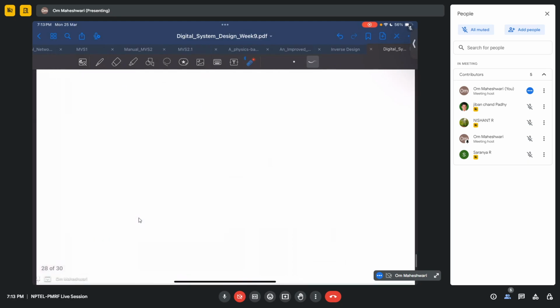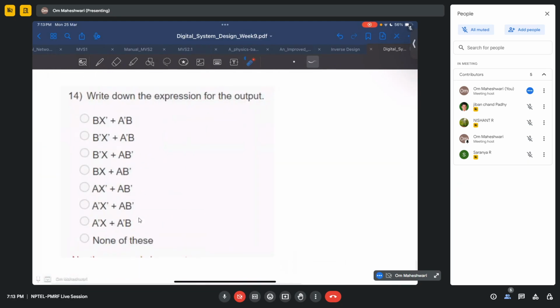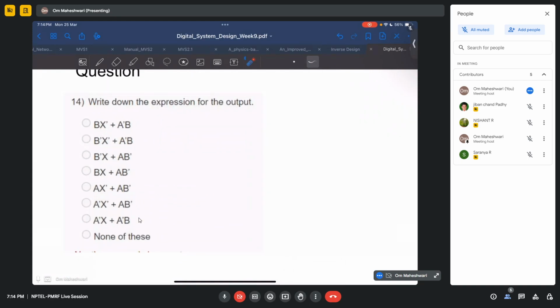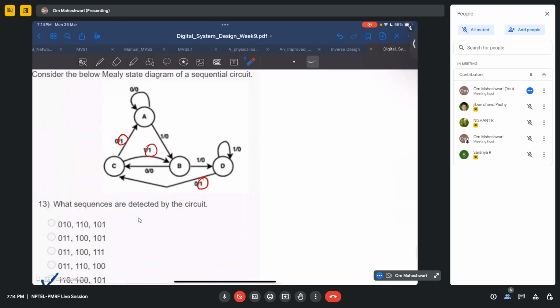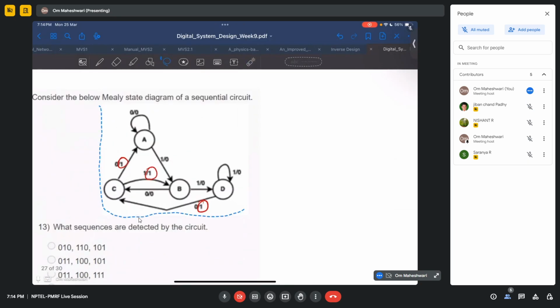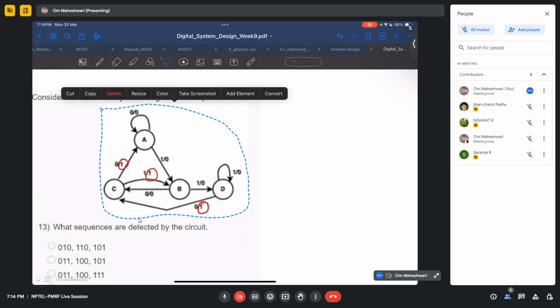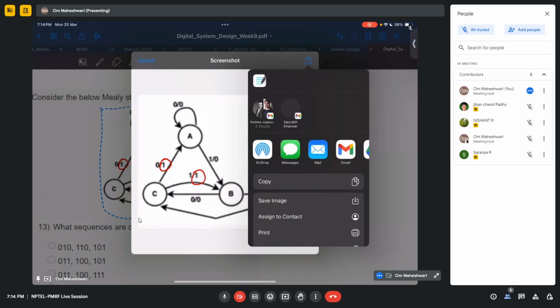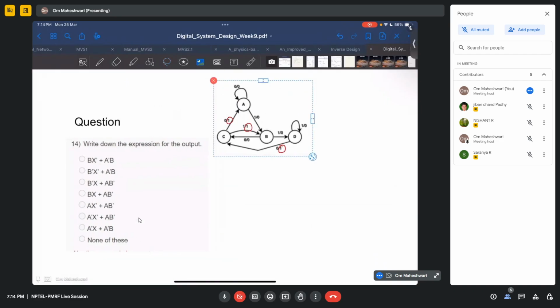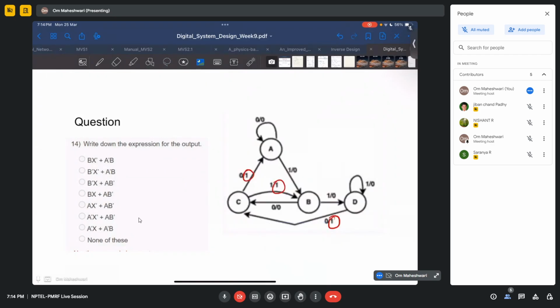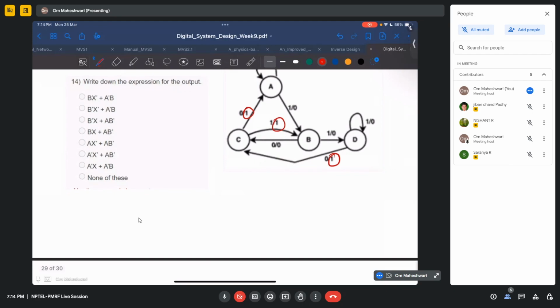Okay, let's try this also. Write down the expression for the output. This is the diagram. Let me copy it. So, output निकालने के लिए what you can do is make a state table.